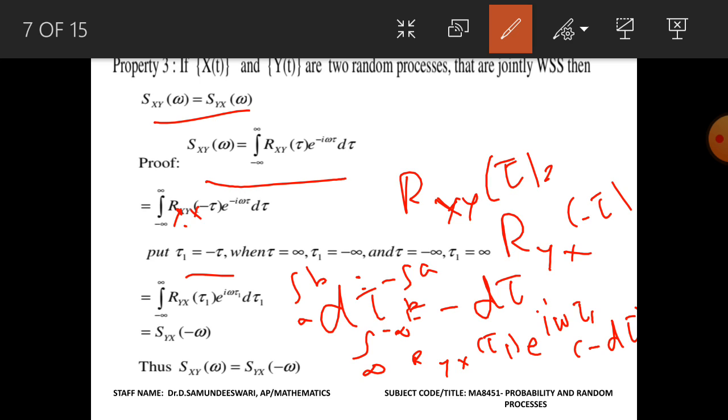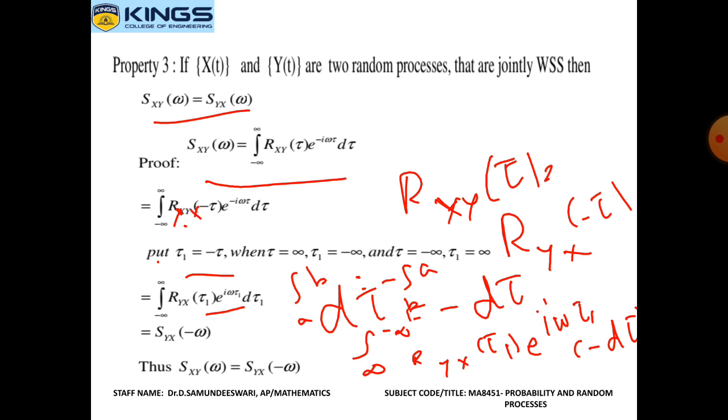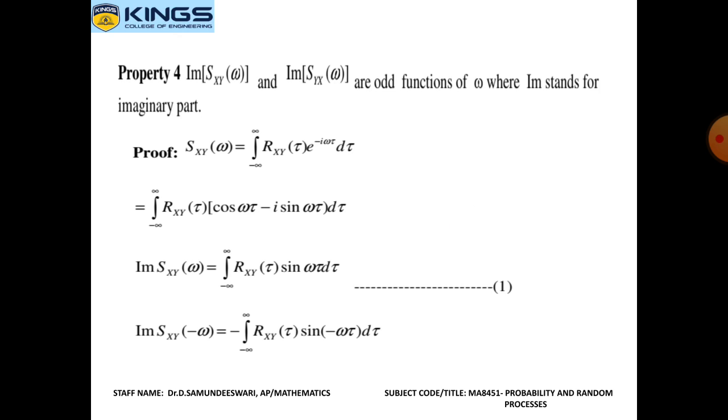So here also one minus occurs, minus into minus is plus, so the limits change to minus infinity to plus infinity, ryx of tau 1 e power i omega tau 1 into d tau 1. So this is nothing but Syx of minus omega. This is the formula for Syx of minus omega. So Sxy of omega is nothing but Syx of minus omega. Right? All of you clear?